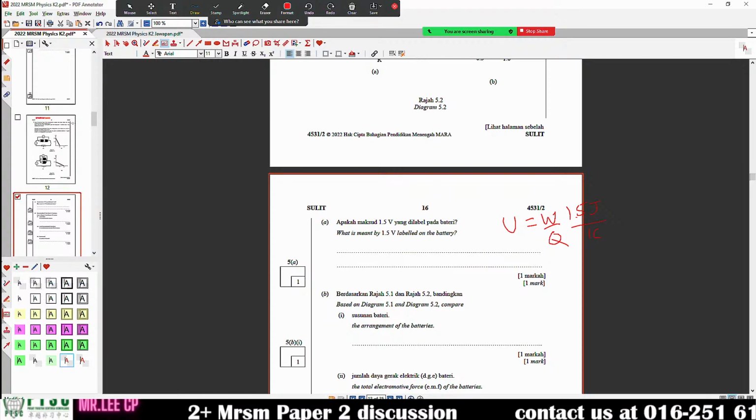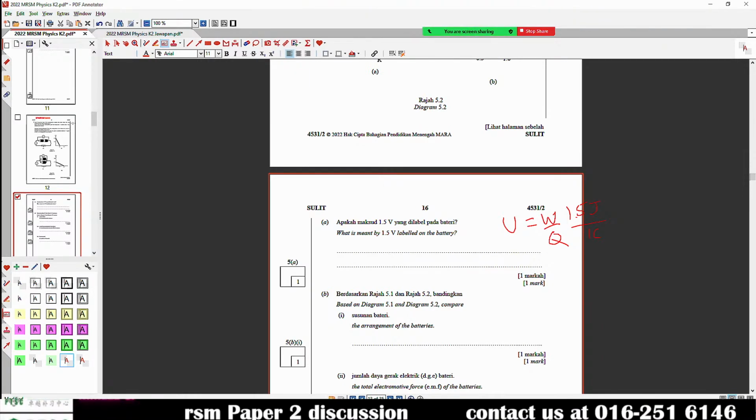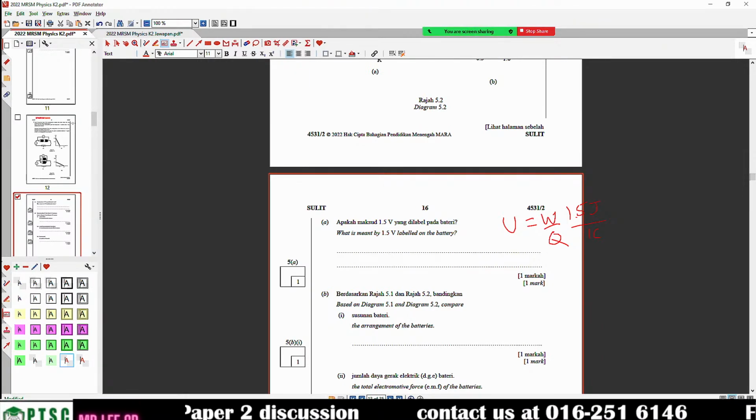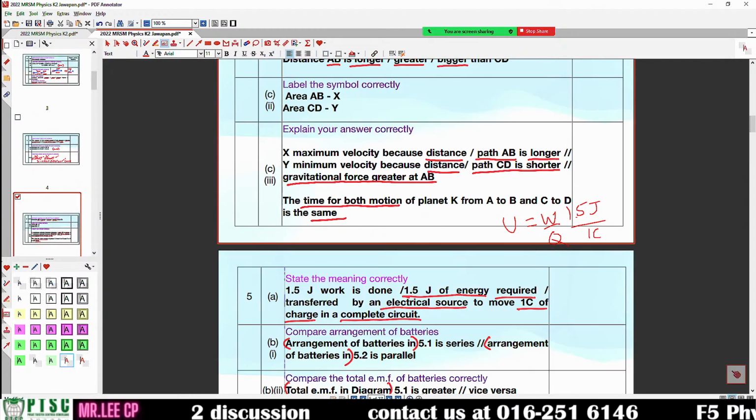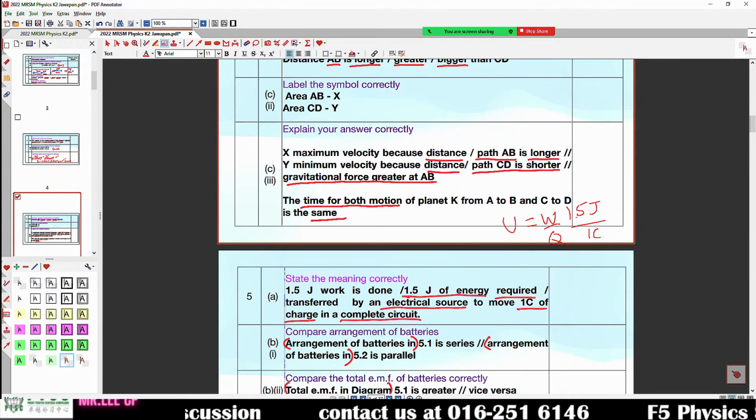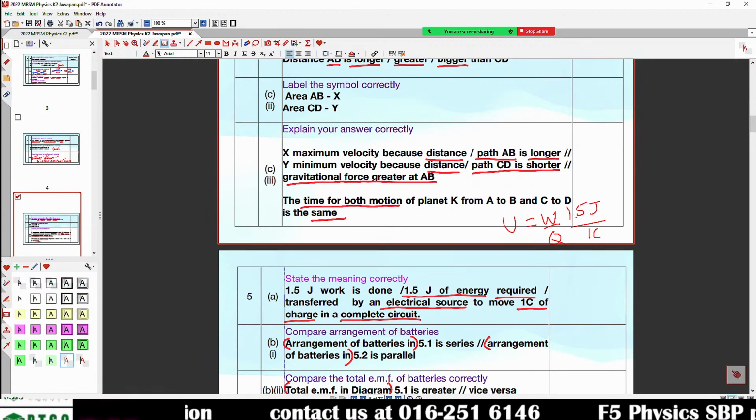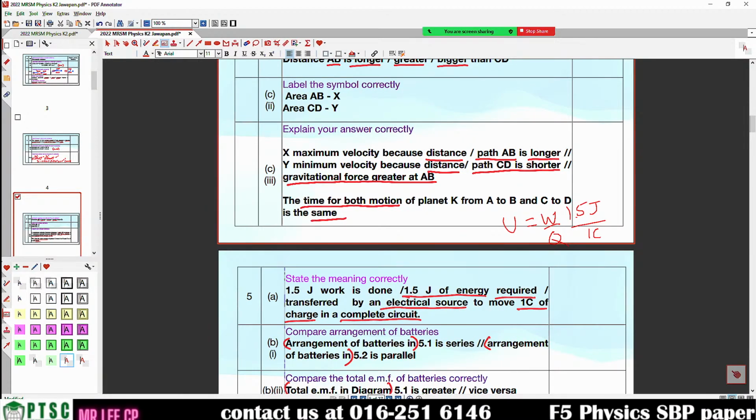So you can say 1.5 joule of work done to move one coulomb of charge in a complete circuit.